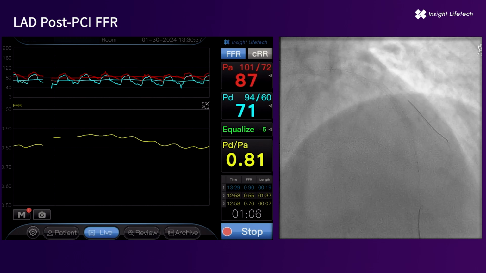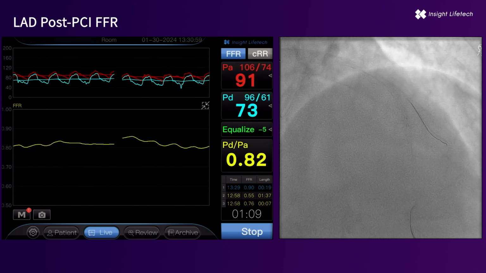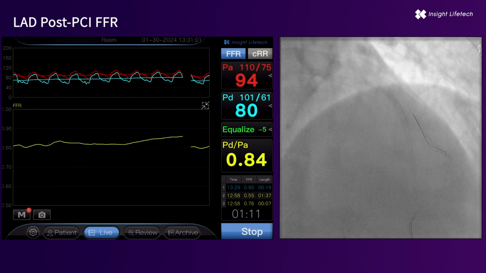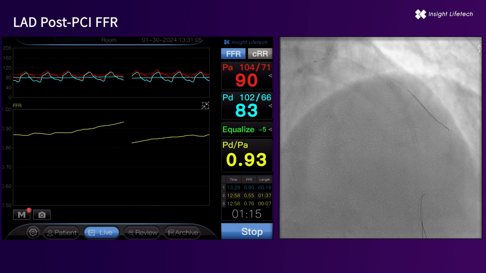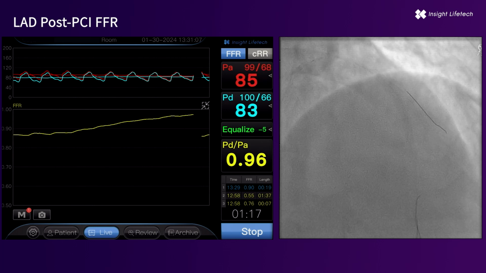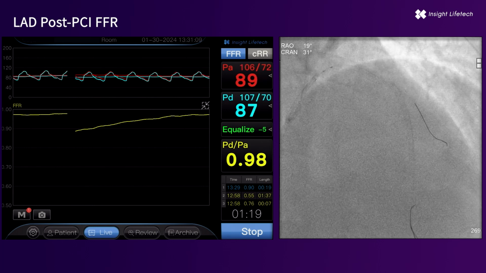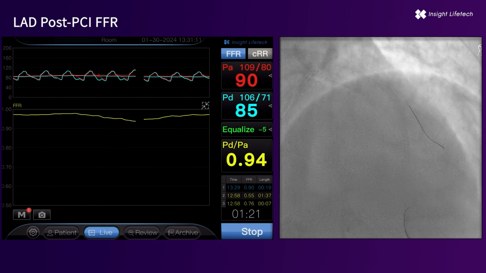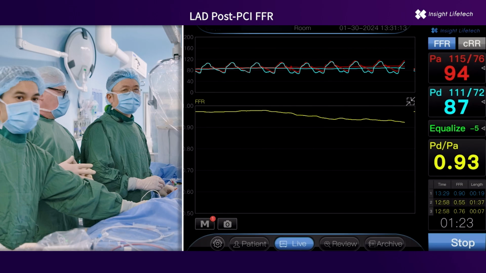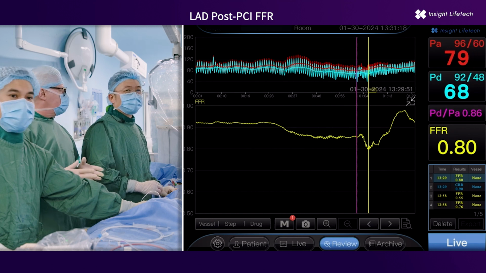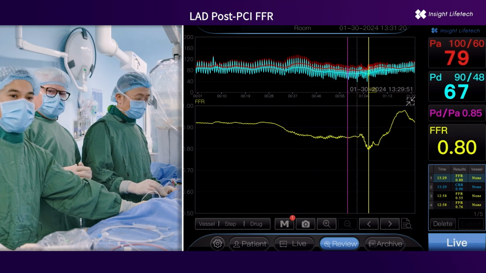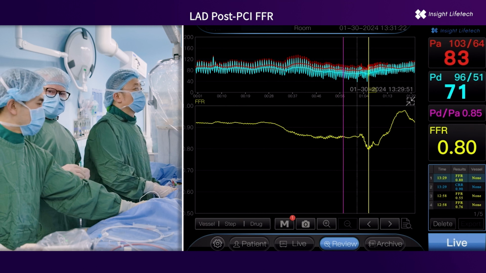So now Professor Jun is doing pullback. Okay. And it looks like that we have no significant gradient across the stented segment. We have just some residual gradient across the ostial LAD, but it is quite diffuse.